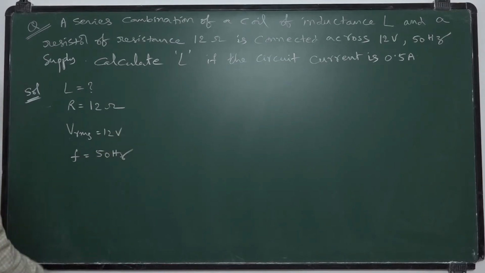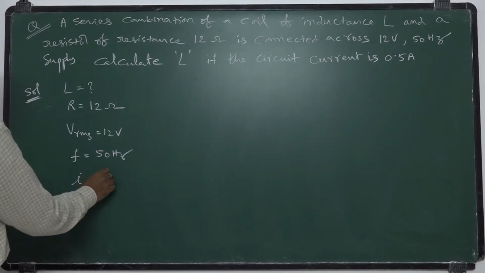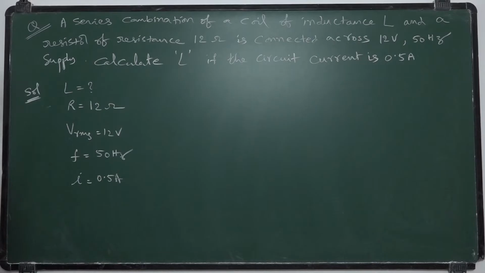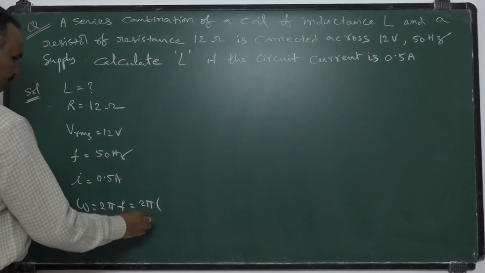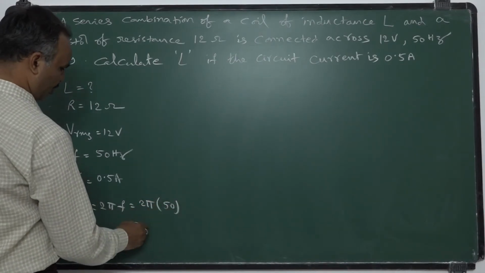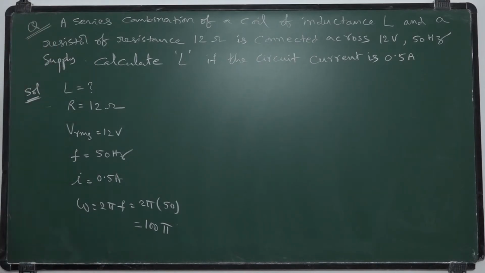Calculate L value if the current passing through that is 0.5 amperes. So omega can be calculated by taking 2 pi f, that is 2 pi into f value 50, so that is 100 pi is the omega value.